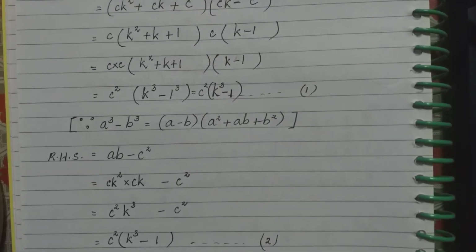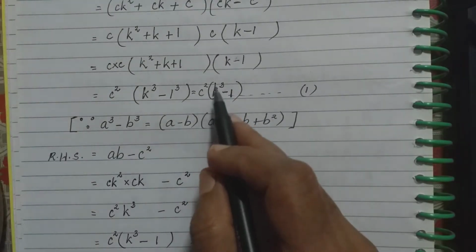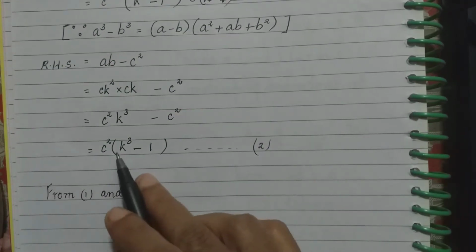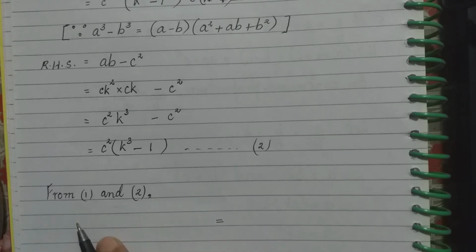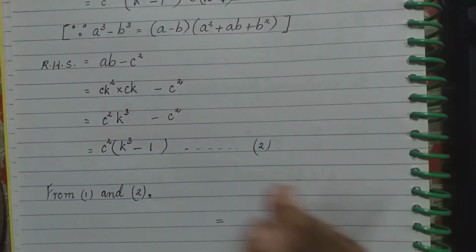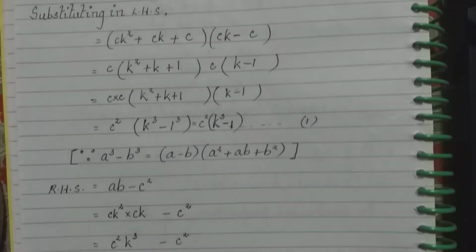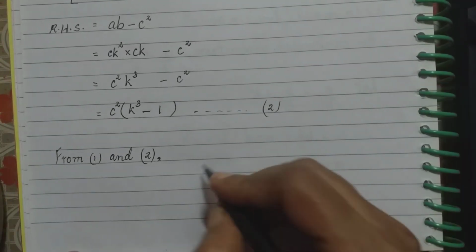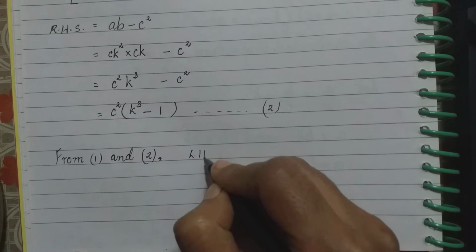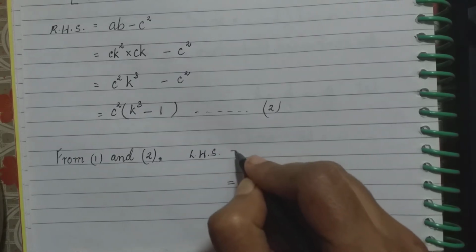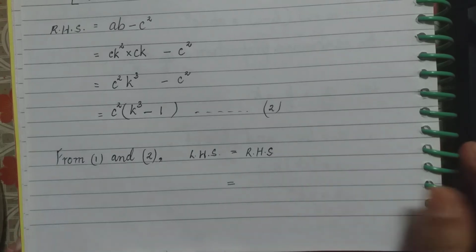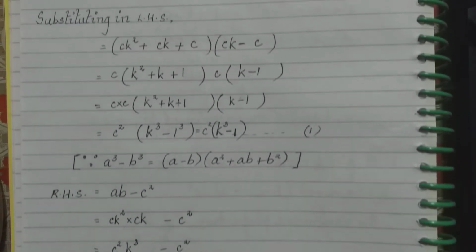Now let me compare 1 and 2. 1 is c square into k cube minus 1. 2 is c square into k cube minus 1. Therefore, from 1 and 2 we know both are same, right? Therefore, we can write from 1 and 2, LHS is equal to RHS. And we see the question, what is LHS and RHS?